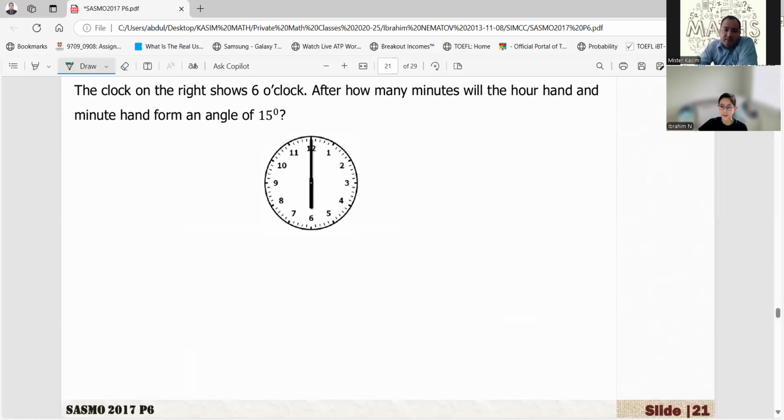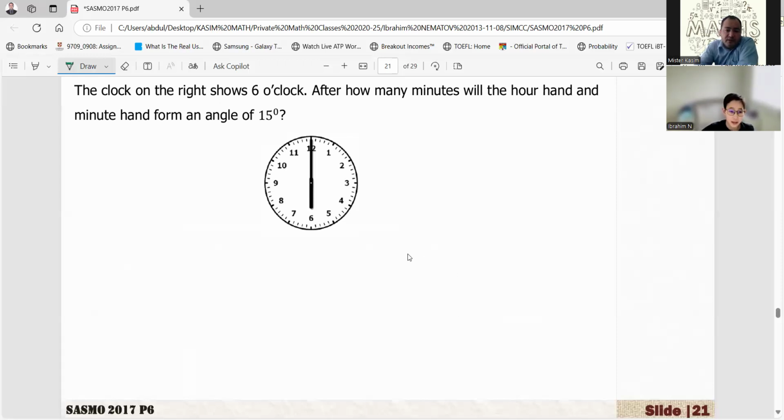I completely forgot that it was already 180 degrees. As the minute hand is moving, the angle is getting smaller and smaller. So after 30 minutes, the minute hand will already go 180 degrees, but then the hour hand, which is already at 180 degrees, will move 15 degrees.